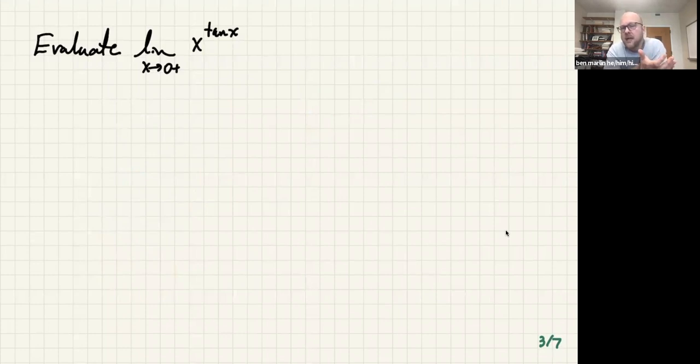Because if you put a negative number to a fractional power, it does not exist, at least not as a real number. When you talk about negative numbers being put to fractional powers, you have to bring into account i, the square root of -1. And as soon as you do that, everything gets really complicated. We don't try to do that in here, okay? All right, so with tackling this, we've got that limit as x goes to 0 from the right.